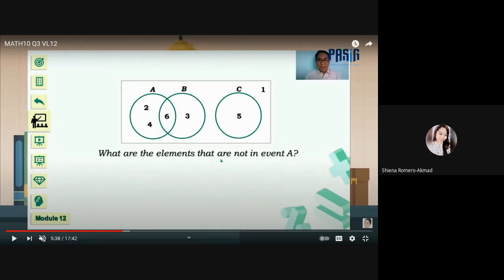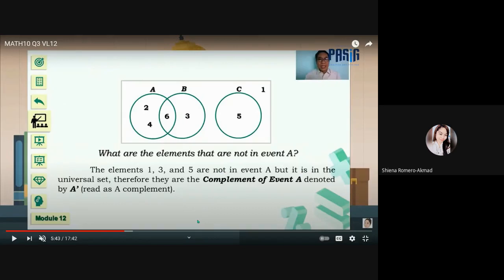Now, ano naman yung mga elements na wala sa event A? Ano mga elements yung wala sa event A? 3, ano yun? 3, 5, 1. Okay. So if you are asked to look for the elements that are not in that certain event, meaning you are looking for the complement.